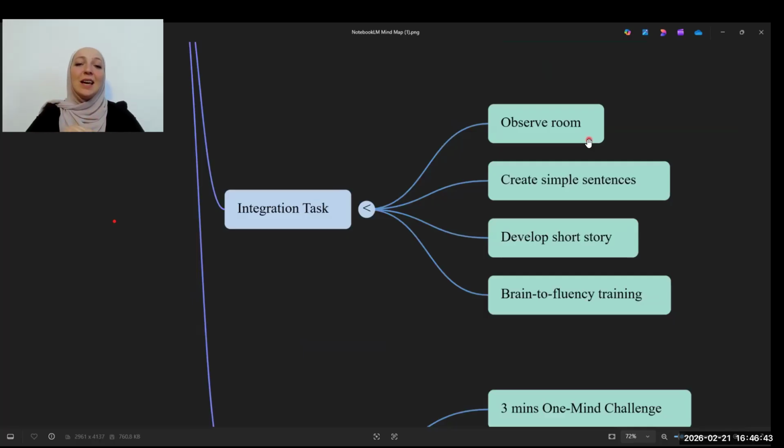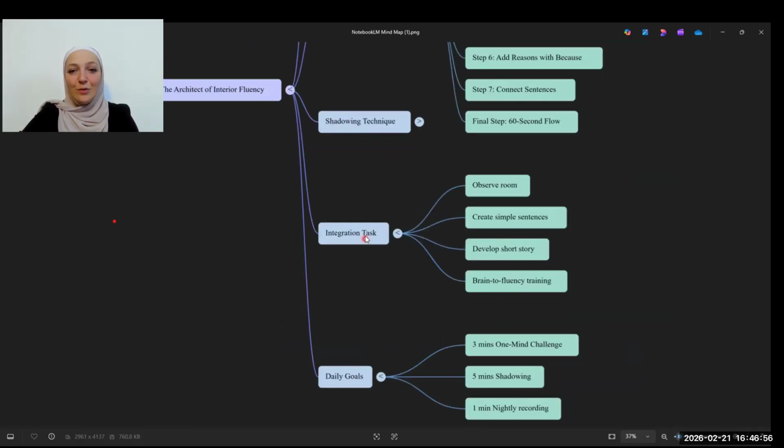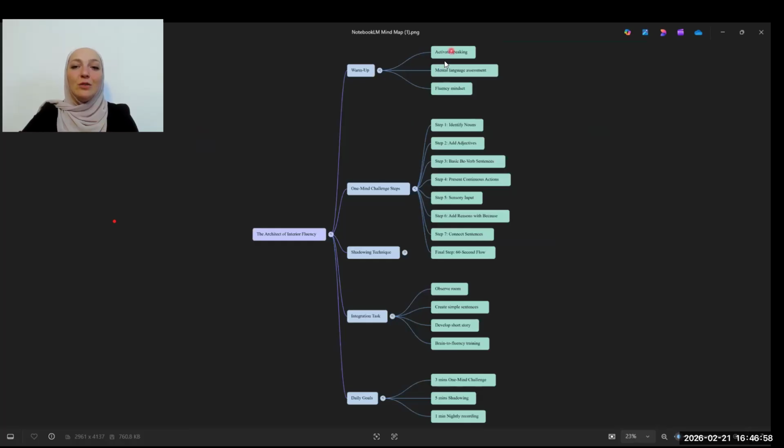This map is exactly what we were talking about, just in a simpler way. The last thing, the daily goals: 3 minutes one mind challenge, 5 minutes shadowing, 1 minute nightly recording. You'll have this map and the other PDF file by the end of our Zoom meeting, inshallah.